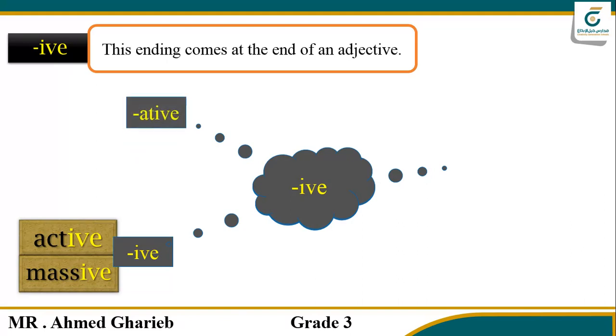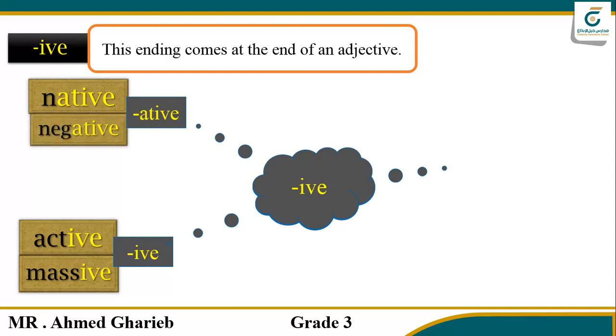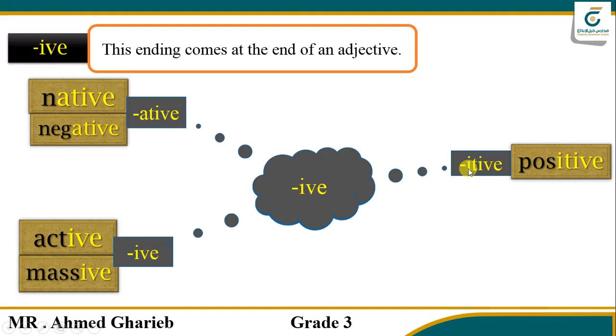Sometimes the I-V-E comes after A-T, like native and negative. Sometimes the I-V-E comes after I-T, like positive.